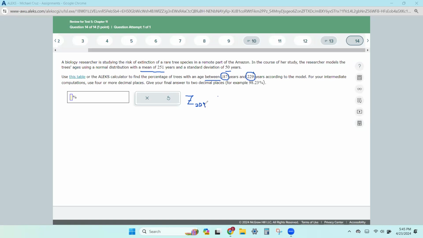And the procedure for between is to subtract the smaller from the larger. So 229 minus the 251, and then divide by 50. Let's see what that one is.